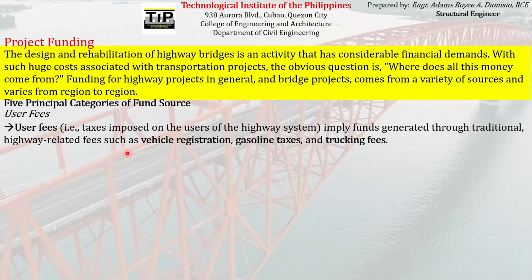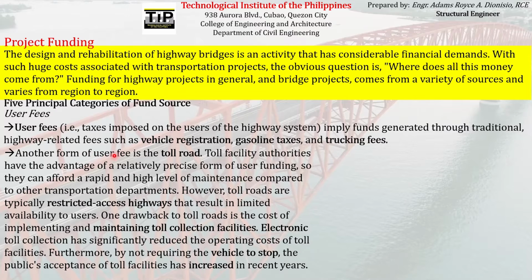So there is a fee that is usually imposed on those users of a particular highway system just to be able to fund or provide for the needs of that particular highway. So this can be in the form of vehicle registration, gasoline taxes, and tracking fees.